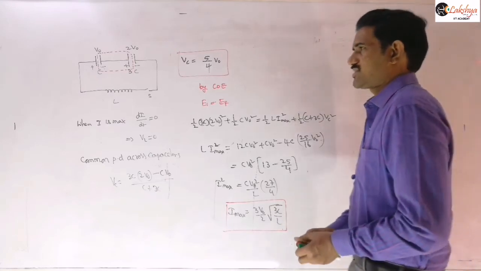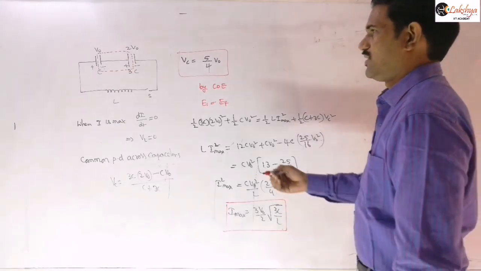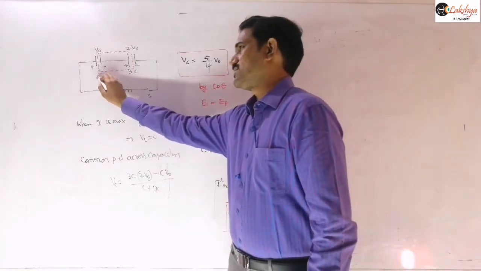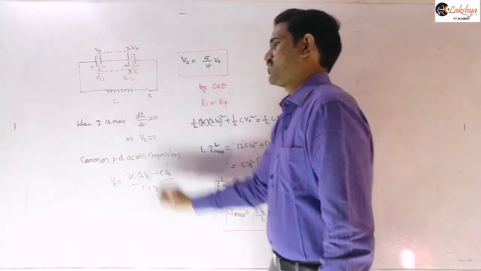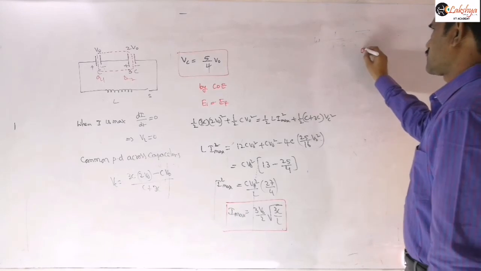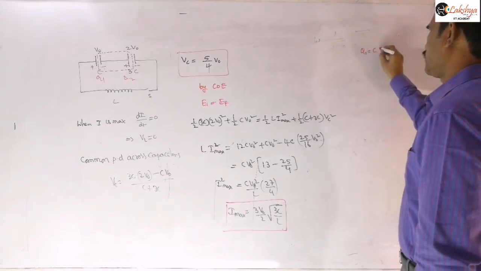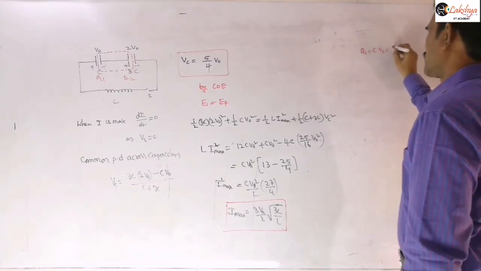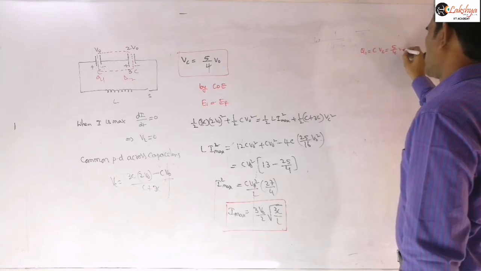So if they ask the charge on the capacitor, suppose this is Q1 and this is Q2, the charge when the current in the inductor is maximum. Then the Q1 expression we can write as C into Vc, the common potential. So then it is 5 by 4 into CV naught.